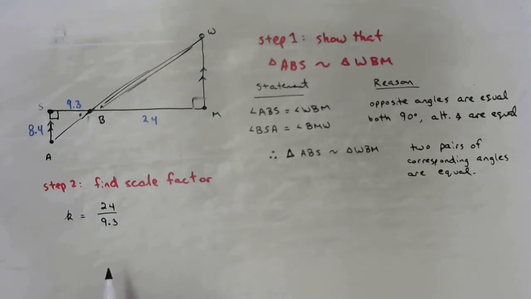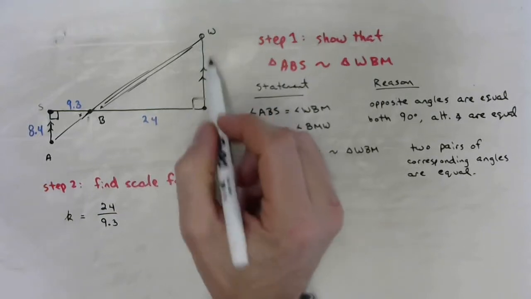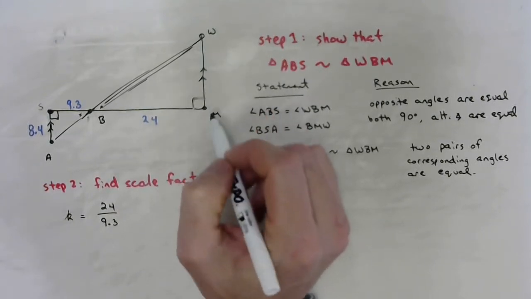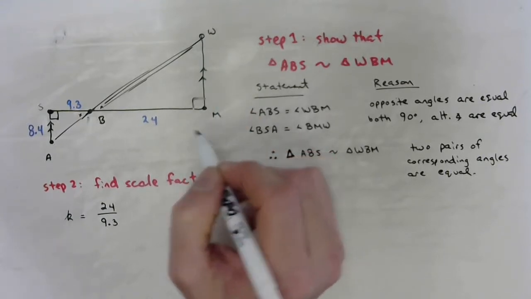Now, what are we trying to find out? We're trying to find the width of the river, so we're trying to find WM. Which side length from the little triangle does WM correspond with?